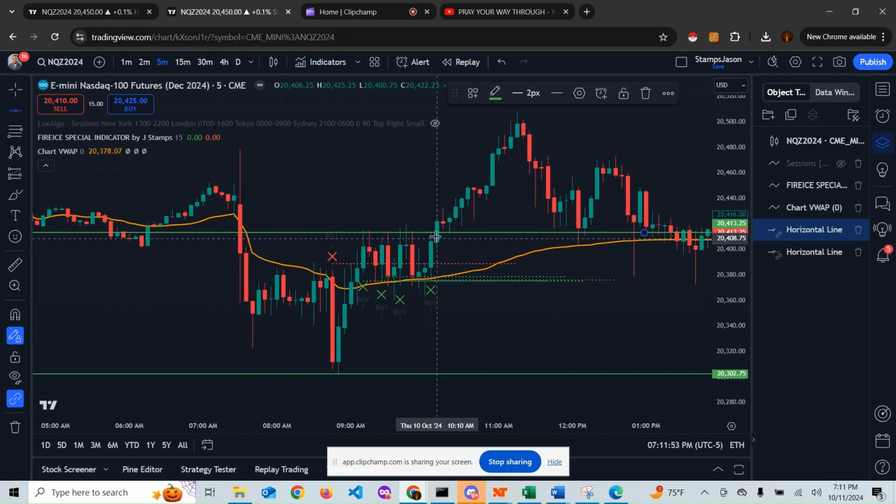So a lot of people look for the break and then the retest. But even if you were to get in here, you would know that you're looking for this to go higher and not rotate back into this level or break back into this zone or level, right? So your stop could be very close to this resistance level here.